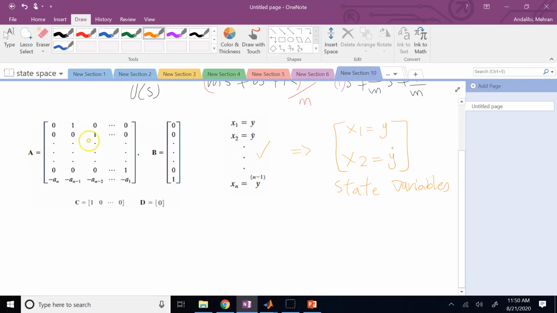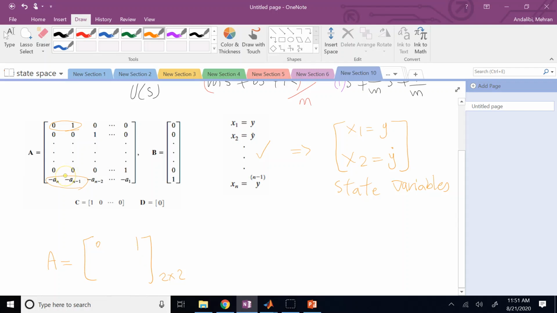Now it says A is, as we know, just a 2 by 2 in this case. So if we follow this, you just need to focus on the 2 by 2 portion of it. So what you really need is this part, and then basically this part. So the first row is going to be 0 and 1.